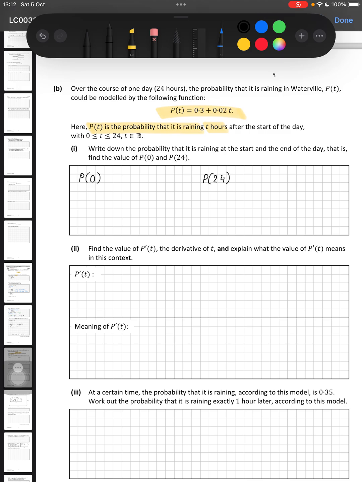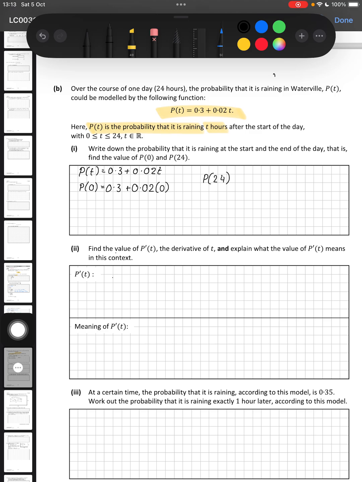P of T was 0.3 plus 0.02 T. They want P of 0, so we are subbing in 0 instead of T. They took away T and put in 0 in its place.